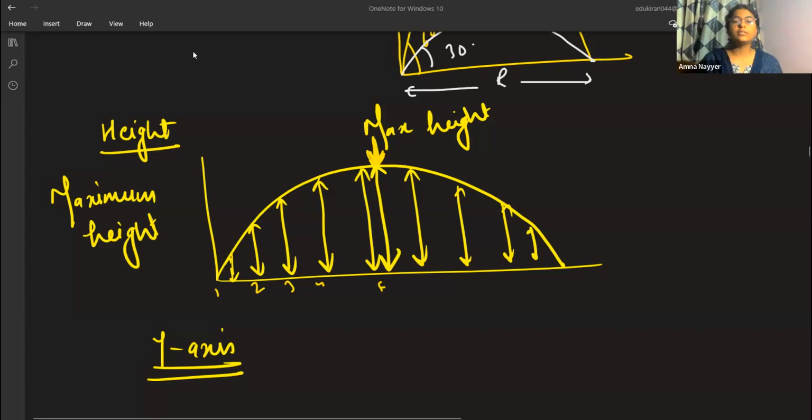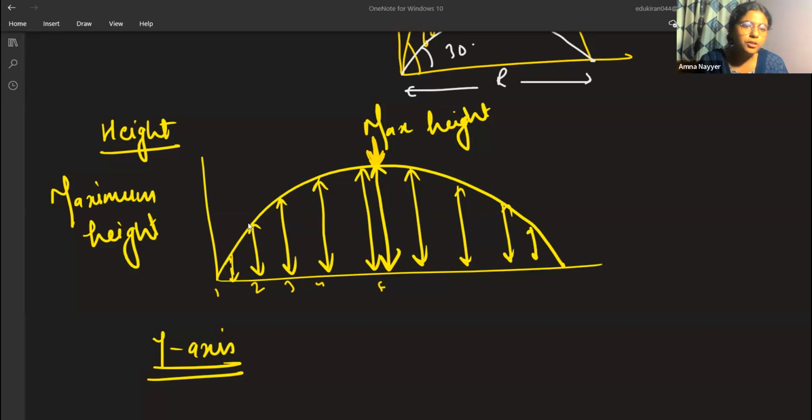So I was saying, you have the maximum height and the maximum value of maximum height. Maximum height means, when the projectile has been projected, points 1, 2, 3, 4, 5 are the values of height the projectile can reach at every point. At one particular point, the height is 0; the projectile isn't in the air.